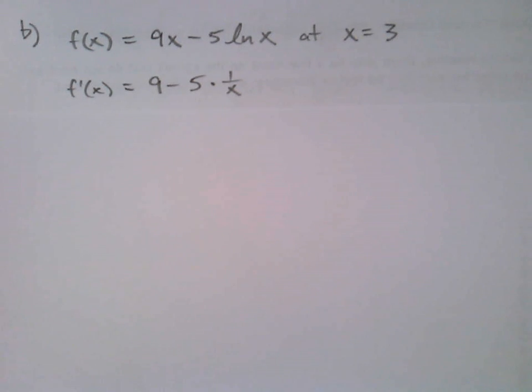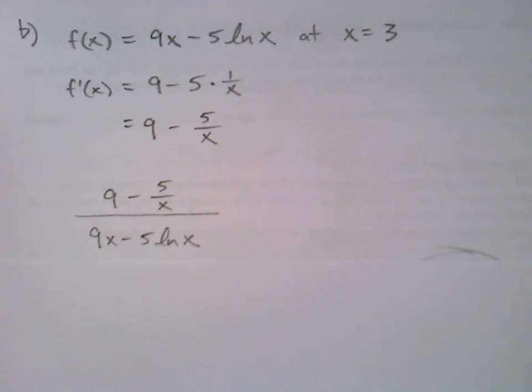What's the derivative this time? F prime of x, in this case, is 9 minus 5 times 1 over x. Hopefully these are getting more and more familiar, getting really comfortable with taking these kinds of derivatives. Let's clean that up a little bit. Maybe just 9 minus 5 over x.